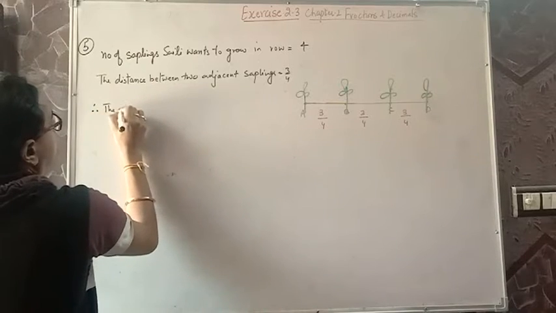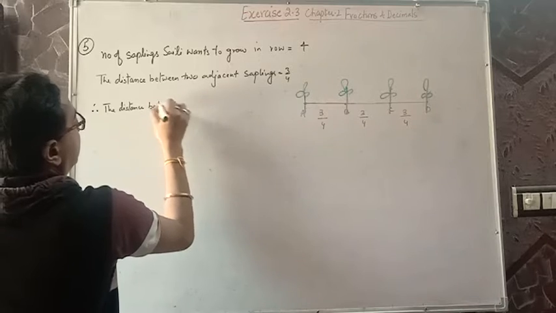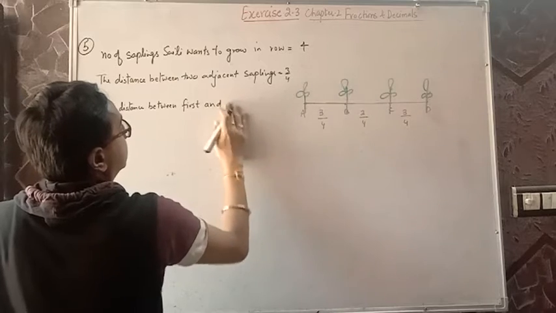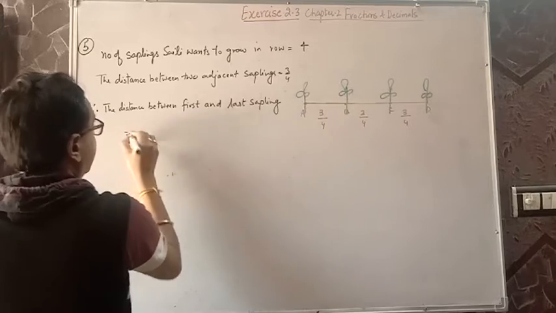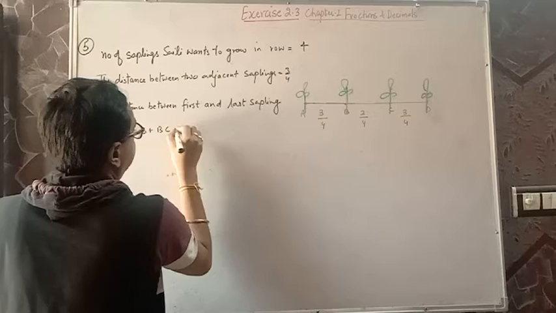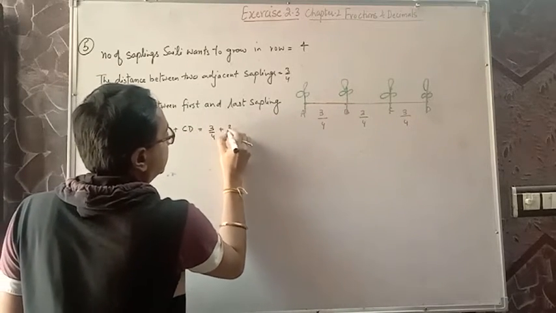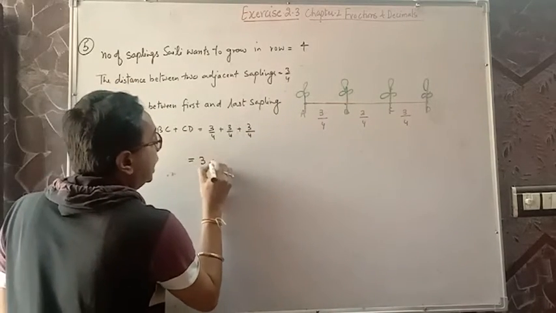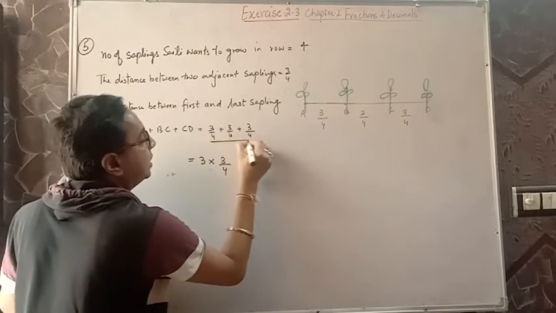Therefore, the distance between the first and last sapling is, can I say, AB plus BC plus CD, that is equal to 3 by 4 plus 3 by 4 plus 3 by 4, or can I say 3 into 3 by 4. Multiplication is nothing but repeated addition.